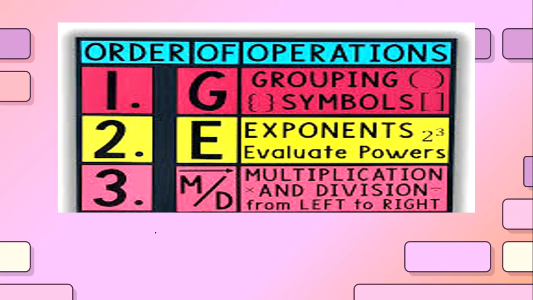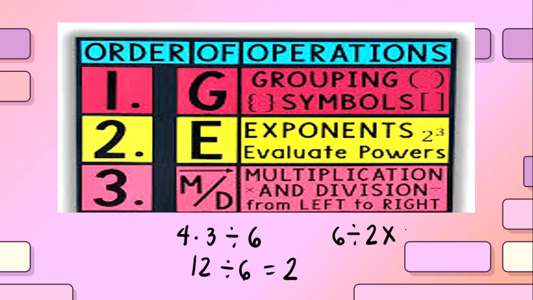For instance, we have 4 times 3 divided by 6. From left to right, multiplication comes first, so we simplify it. 4 times 3 is 12, divided by 6 is equal to 2. However, what if the given is 6 divided by 2 times 8?